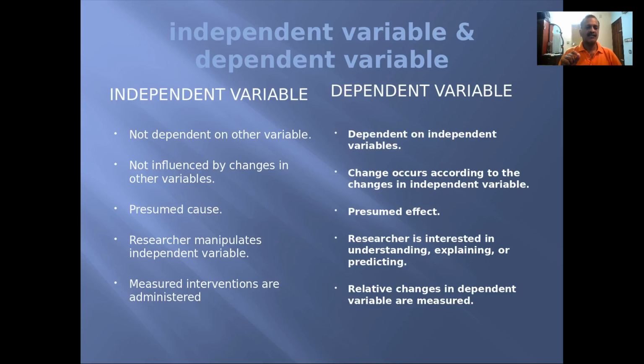The researcher manipulates the independent variable, whereas the researcher is interested in understanding, explaining, or predicting the dependent variable. Interventions are administered in the independent variable, whereas the relative changes in the dependent variable are measured. So that is a comparison between independent variable and dependent variable.